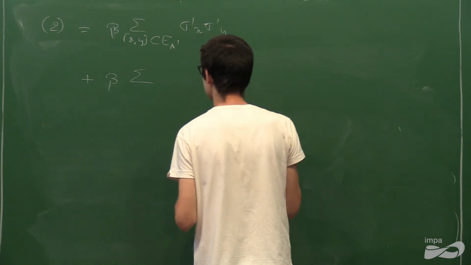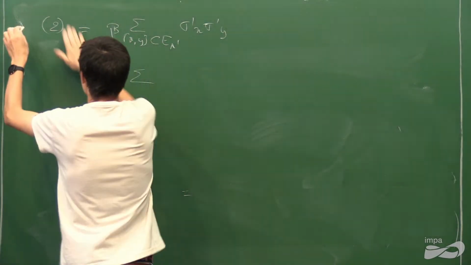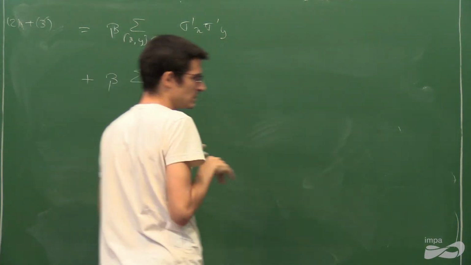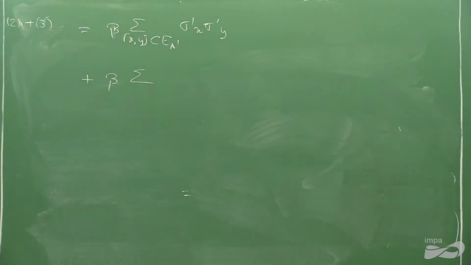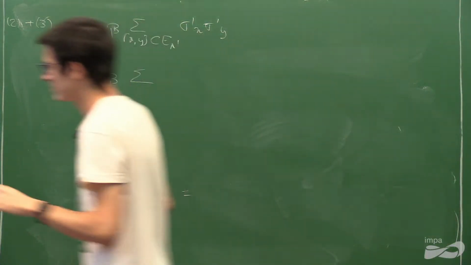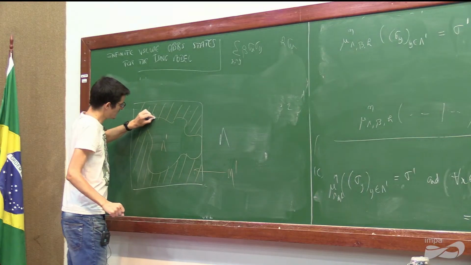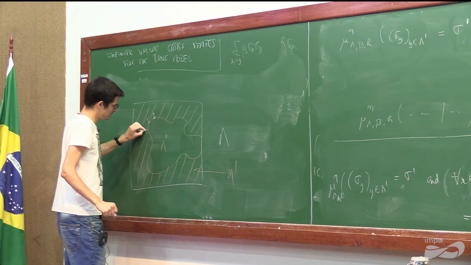Let's do 2 plus 3 at the same time. Then I have a sum over edges in delta lambda prime.